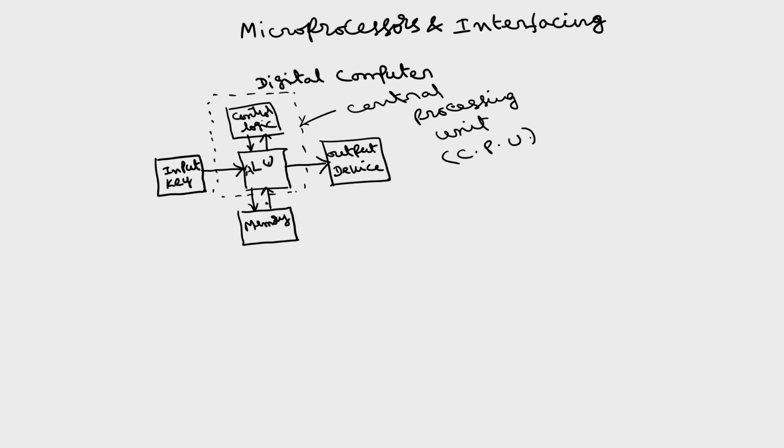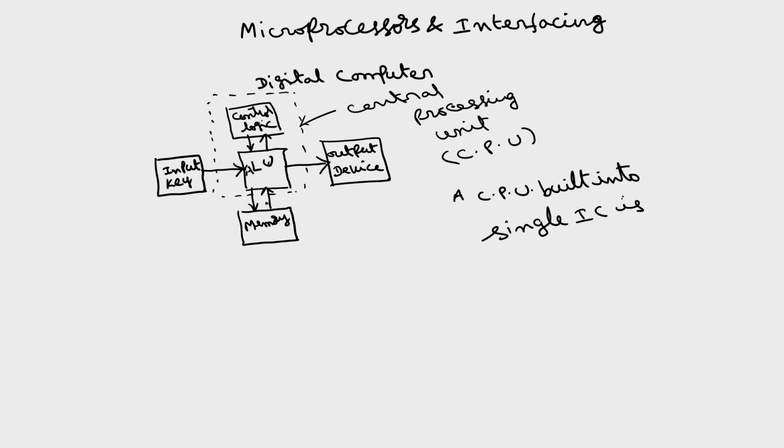The CPU can be made of different circuits like adder, subtractor, AND operation, OR operation and so on, or otherwise you can build this CPU into a single IC. That single IC is called a microprocessor: a CPU built into a single integrated circuit.